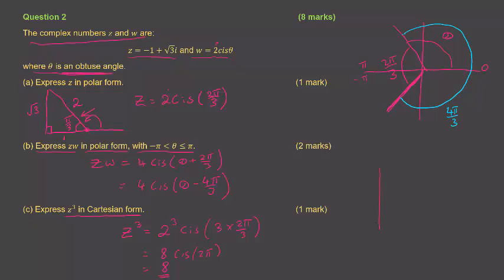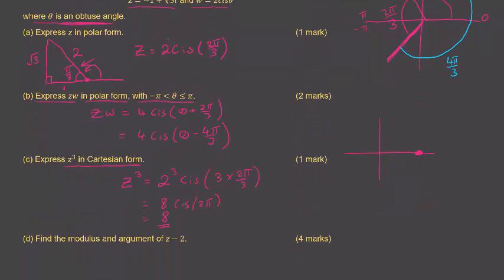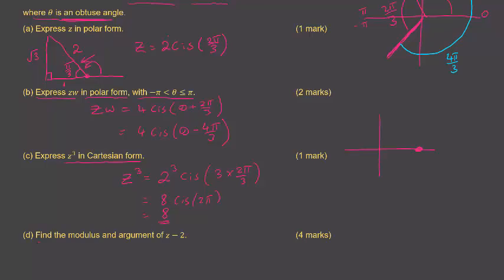Think about where that is. 8 cis 2 pi is just here.